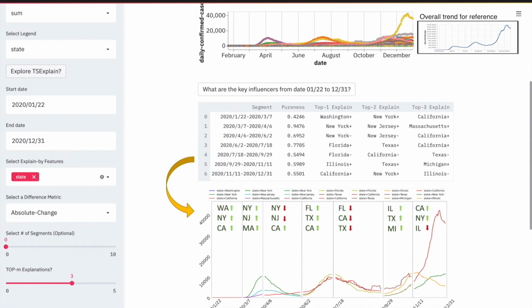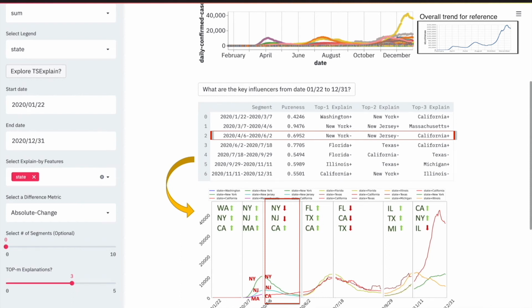Users can interpret the evolving explanations over time by looking at the top explanations during different periods. Specifically, from 2020 March 7th to 2020 April 6th, New York, New Jersey, and Massachusetts rise contributed to the overall rise in the U.S., while from 2020 April 6th to 2020 June 2nd, even New York and New Jersey declined dramatically.